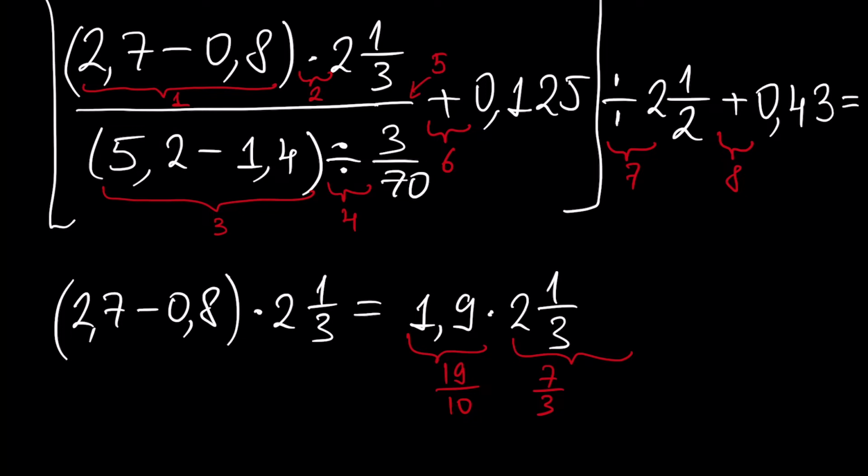So this is actually the problem solving you have to watch after a series of video tutorials called Arithmetic. And so this will be 19 over 10 times 7 over 3. And let's leave it in this form.